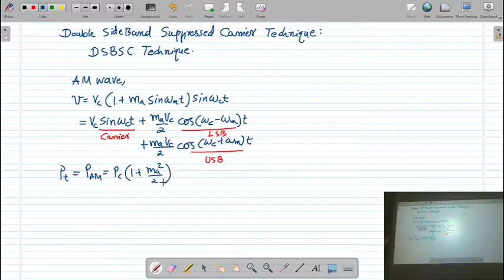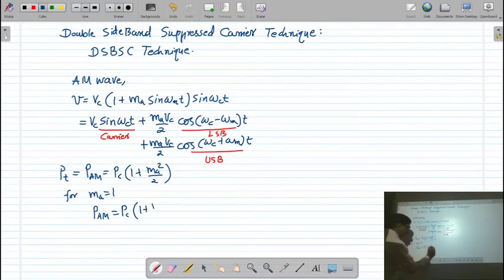Correct? Now, if my modulation index is 1, here for Ma equal to 1, if I calculate the power of the modulated wave, it is Pc into (1 plus 1 by 2), which is 3 by 2 into Pc.